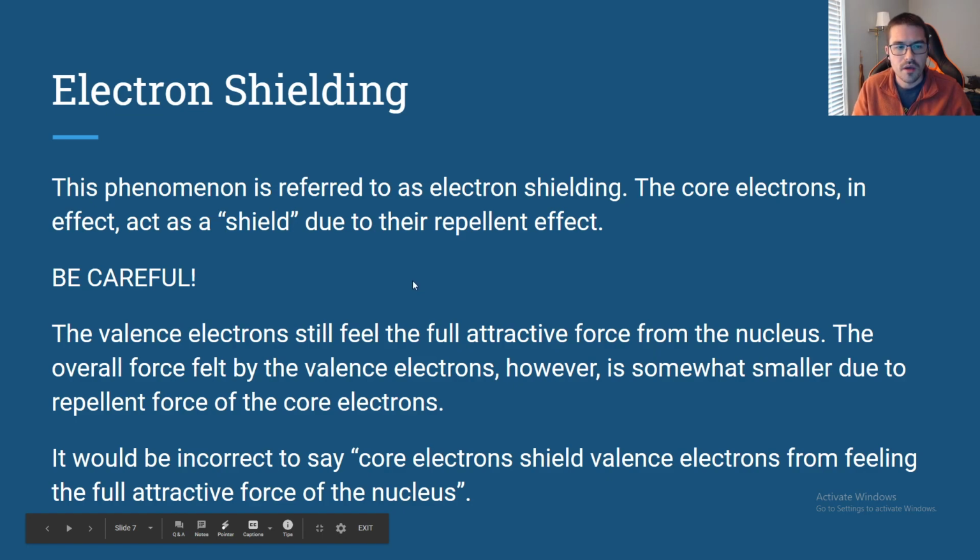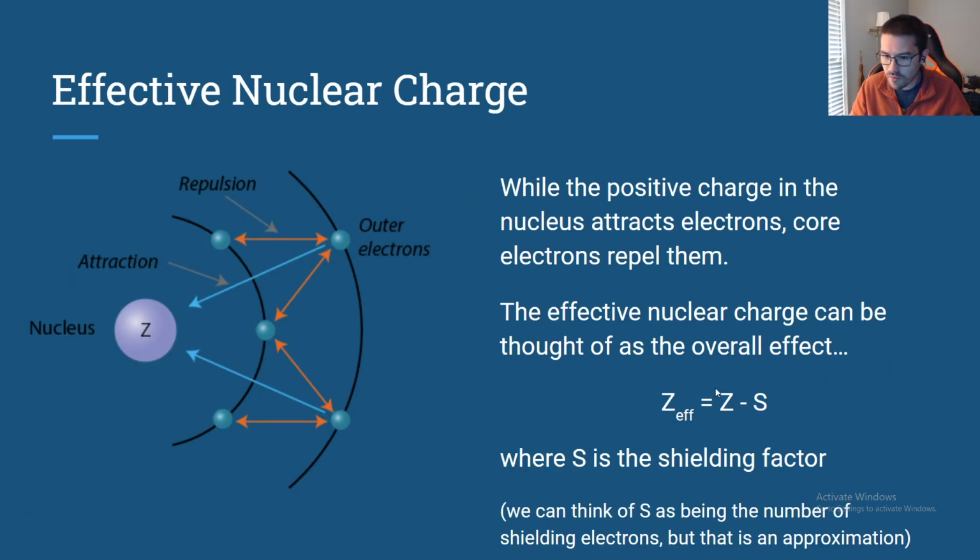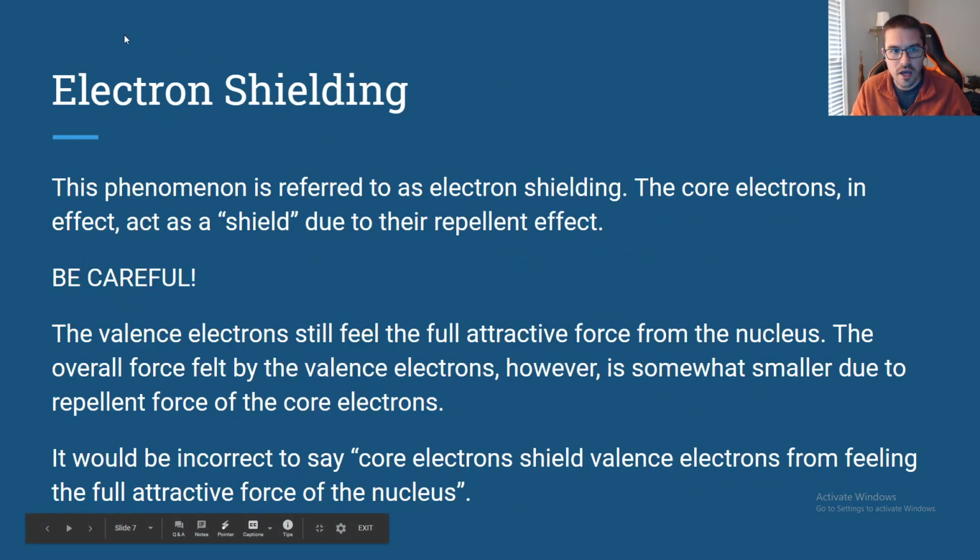So I want to talk a little bit about this term, electron shielding, because I've just talked about a shielding factor, okay? And you're going to see this concept pop up whenever you see things like periodic trends being talked about, whether it's in a textbook or online or even on an assessment, okay?